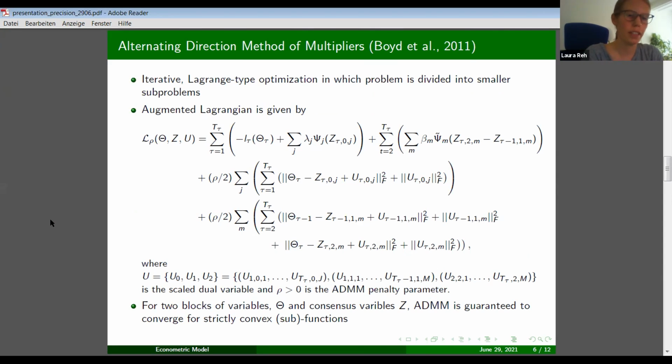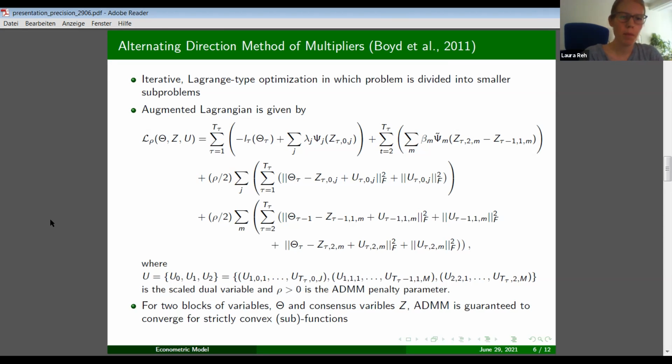It is an iterative scheme building on a Lagrange type optimization. We set up a Lagrange function, and then we iteratively, separately optimize several subblocks of the system. The subblocks are our likelihood contributions and the respective penalties.